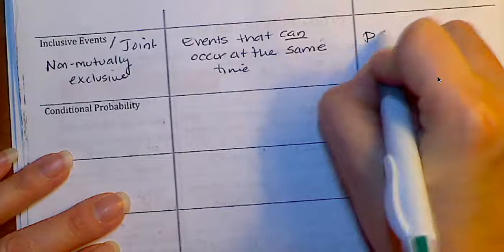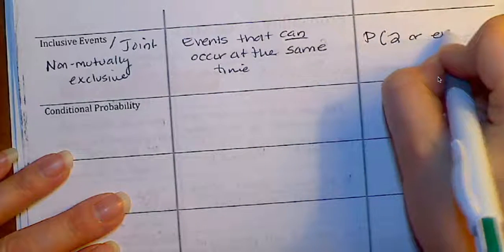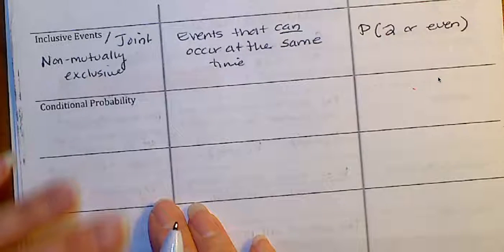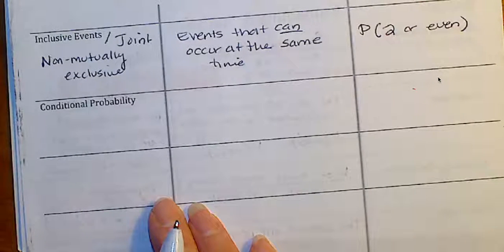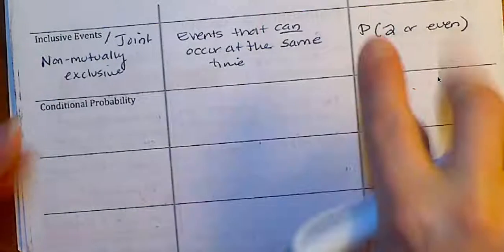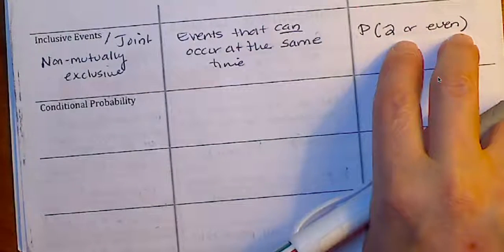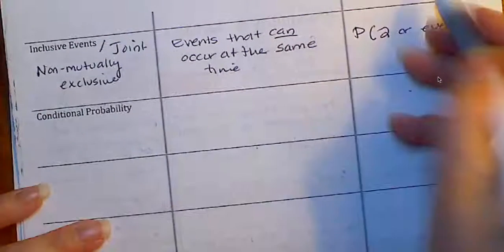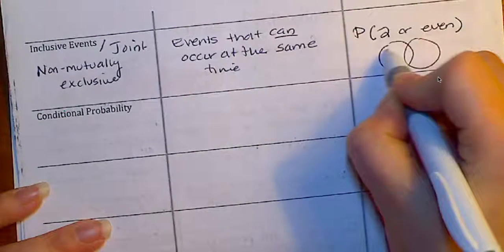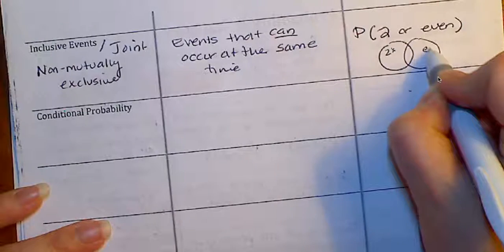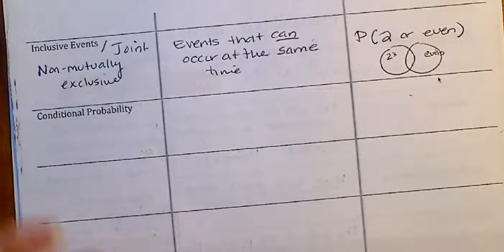For example, the probability of a 2 or an even. Okay, so you could roll a number that is a 2, and you can roll a number that is an even, and it can be a 2 while being an even at the same time because they overlap. So for example, here are all the 2's, here are the evens, and they do overlap.